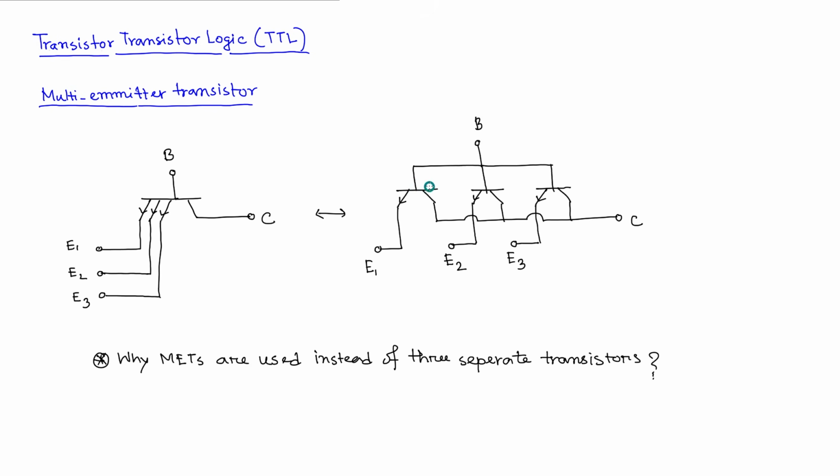If we want, we can use three separate transistors just connected in this way, so that it behaves like that and it will exactly work just like this multimeter transistor without any issue. But still we use this kind of devices. Fabrications are done in such a way so that we can get this kind of behavior. So why is that? My question was why we use this kind of configuration. You should figure it out yourself through self study.